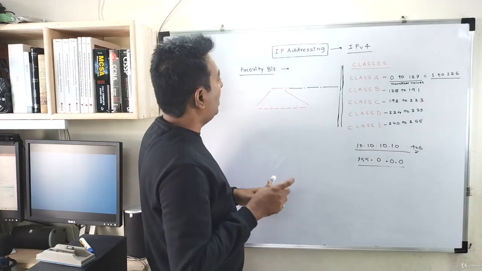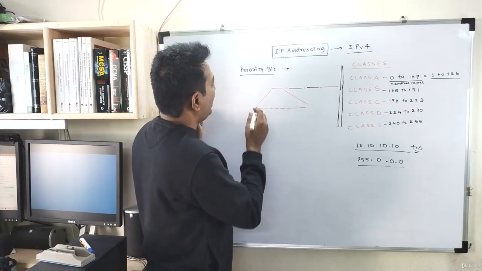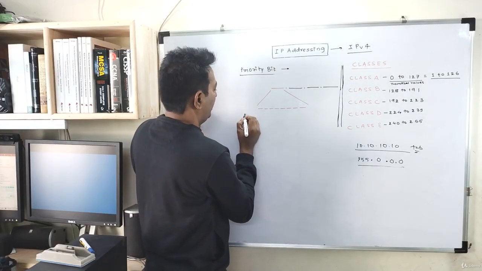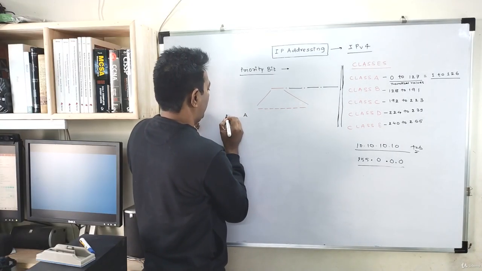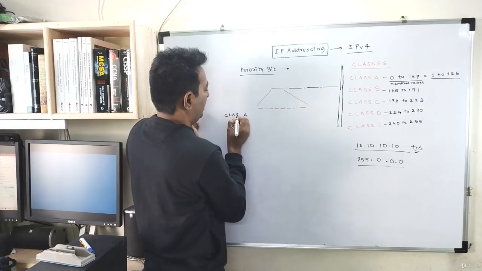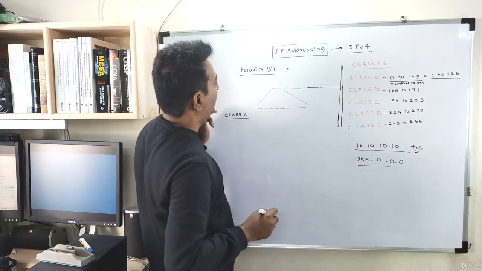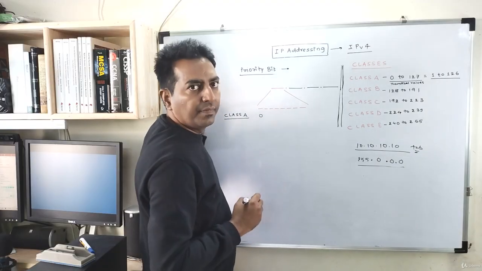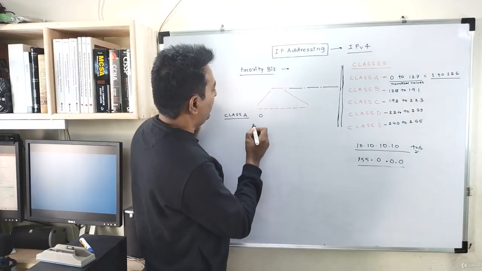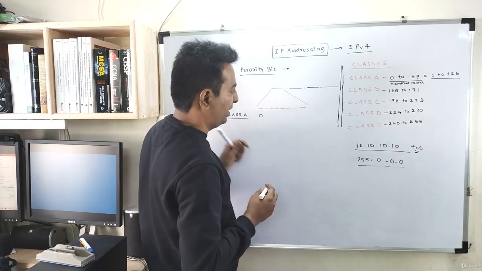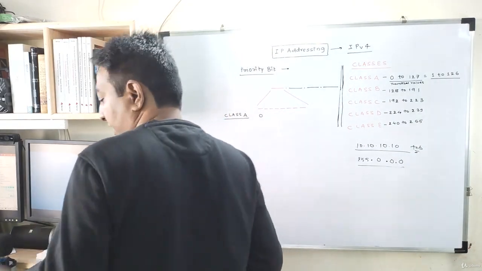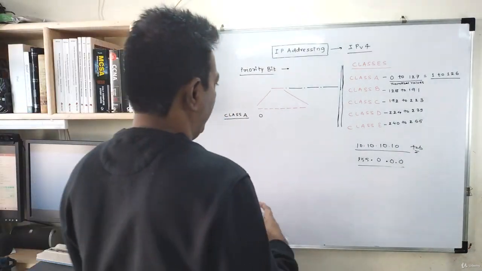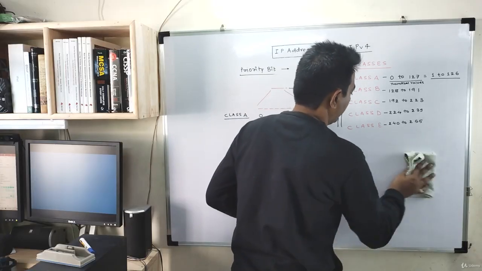Okay, so now for class A, the priority bit value is defined as 0. Let me write the ranges on the right side first so that you get better clarity.